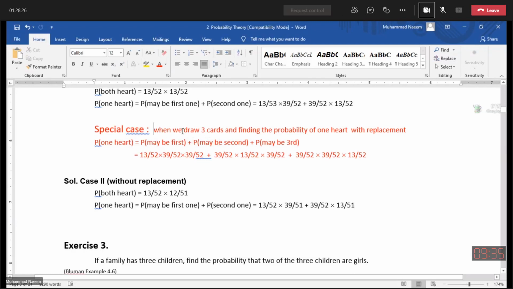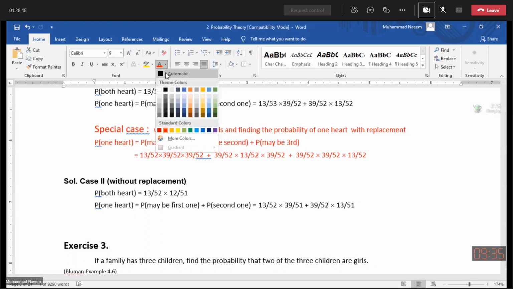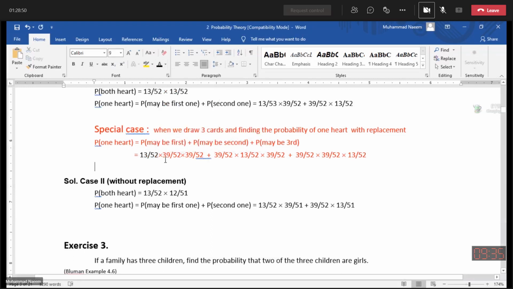A special case is when we draw three cards but with replacement. What about the probability for one heart? This may be the first one, the second one, or the third one. When it is the first one, the other two are from the other category.